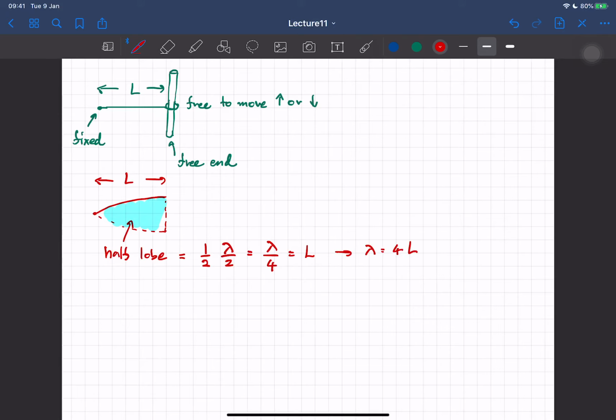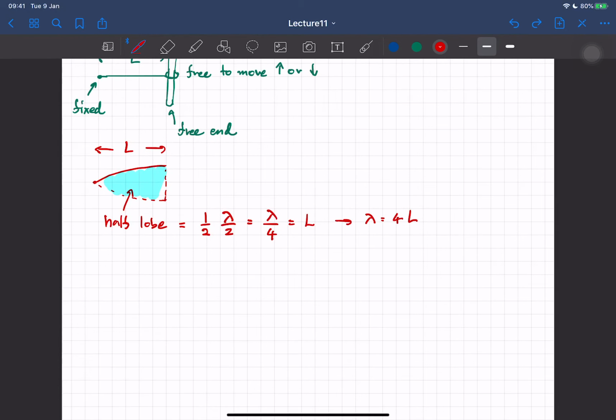So that is the longest wavelength that you can fit in this system to get a standing wave. Once we change the end condition here, the wavelength is twice what we had before.